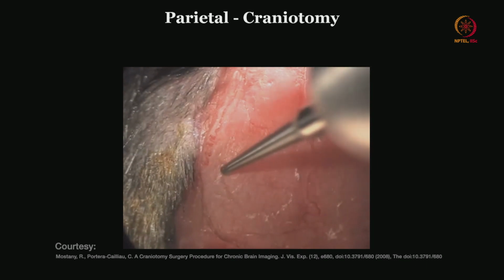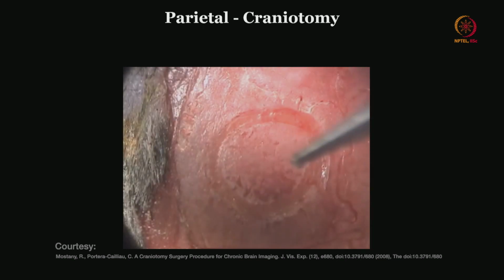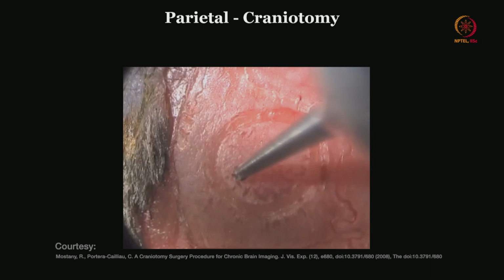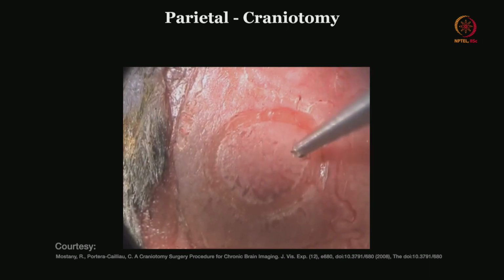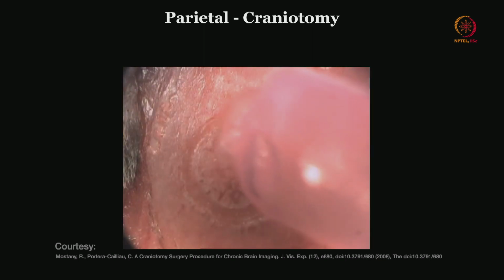This is the dental drill, where you can have a slant edge onto the top of the skull rather than having it perpendicular. And once the groove is made, you check whether you can see that it's getting depressed. That means that part of the skull is separated from the remaining part of the skull.